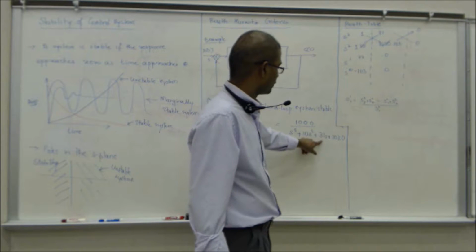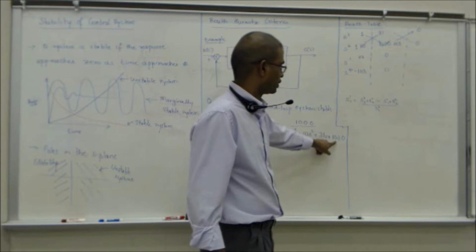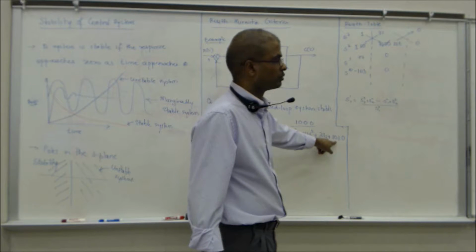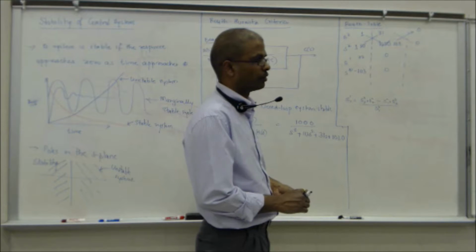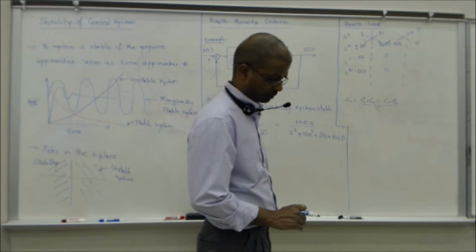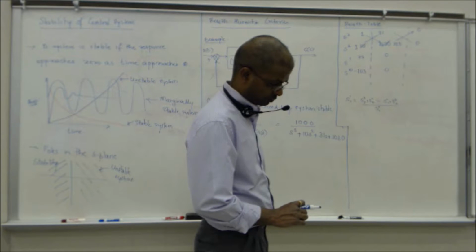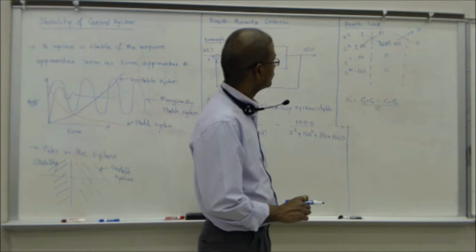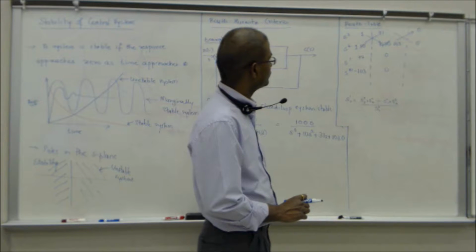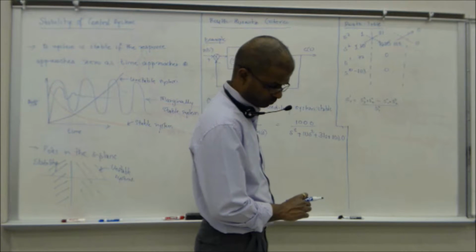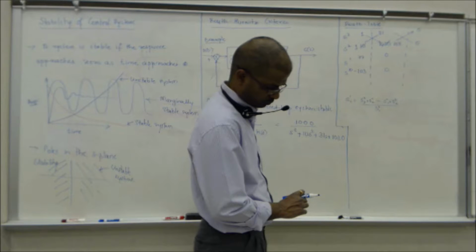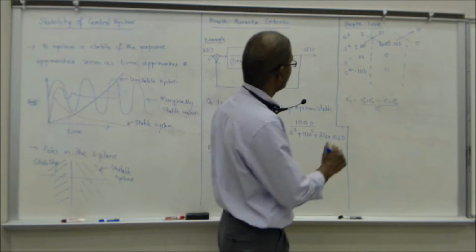This, the first row, this, the second row. And then the entire thing was divided by 10 to make it simple. It's actually minus of this.